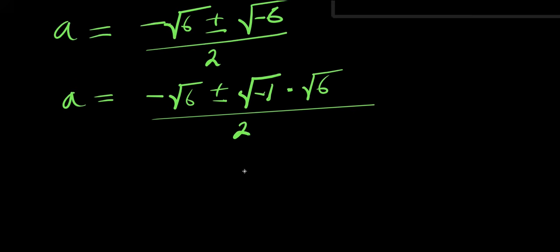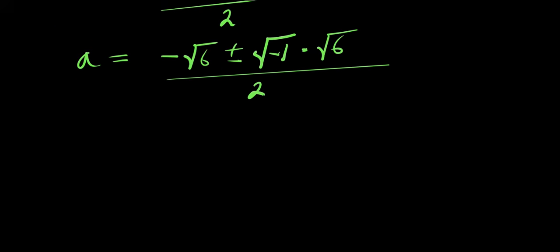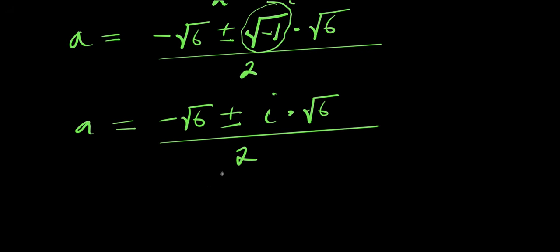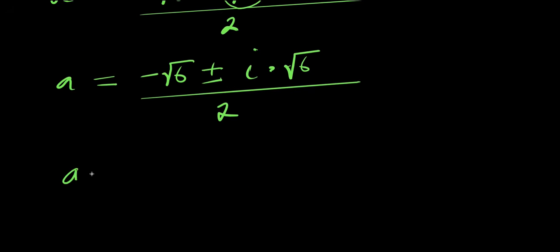So I can easily have a equals negative root 6 plus or minus the square root of negative 1, which is i, times the square root of 6, divided by 2. So a equals negative root 6 plus or minus i times root 6 divided by 2.